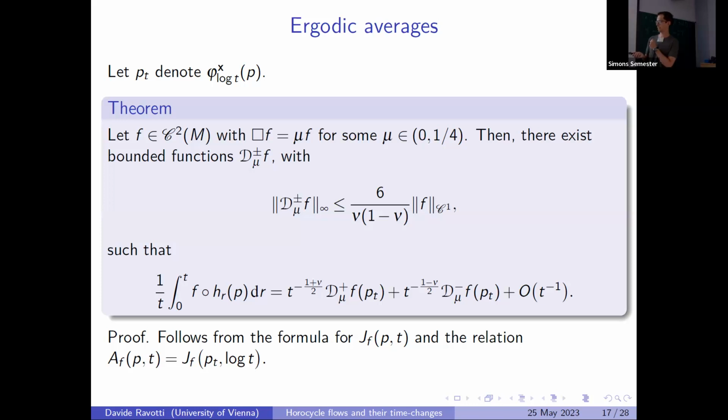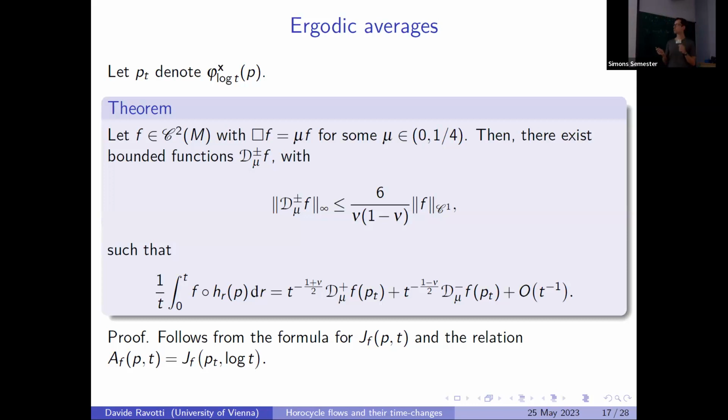Right, they are both between 0 and 1, but one is dominant. This is the dominant one, this is the second one, and then you have the error of size t to the minus 1. Is there a deeper reason that you choose the upper bound as the quarter?